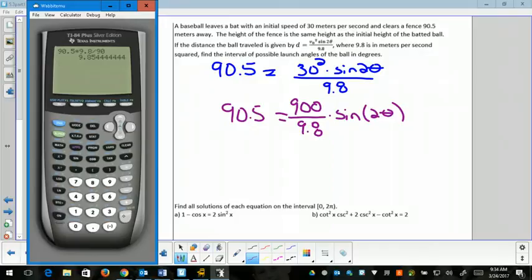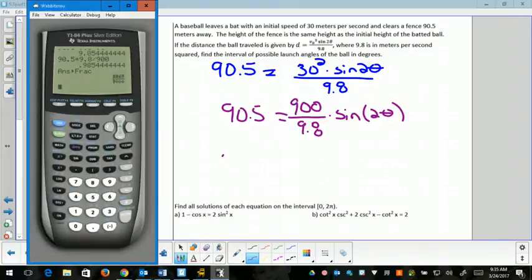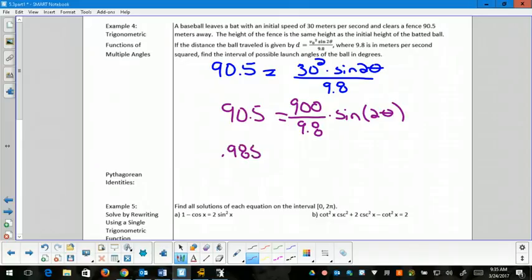Oops, I didn't put it in right. I'm going to try to convert it to a fraction. I highly doubt it's going to help. Yeah, that doesn't help me much. Not on our unit circle, right? So we have 0.9854. I wanted to go at least 4 decimals out because it's not my final answer. That's the equivalent of sine 2 theta.